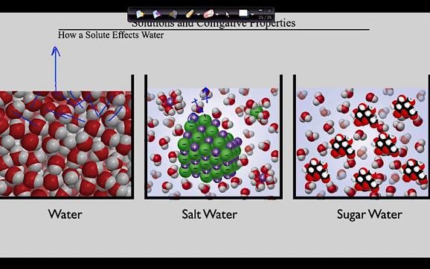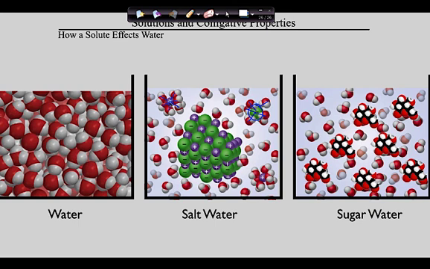Those things could be ions, like the sodium and chlorine in salt, or they could be molecules like sugar. But regardless, what happens is these polar water molecules are attracted to these polar substances, and the intermolecular forces that exist between the water molecules and the salt ions stick these things together and allow the salt to go off into solution.